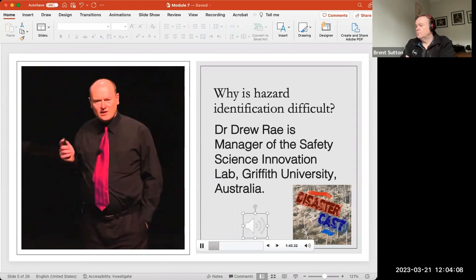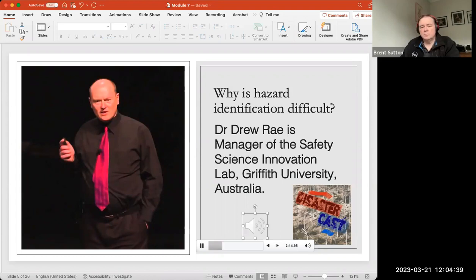How often does this happen? A 2012 study by Neil Barton found that around 20% of major accidents can be blamed on failures of the hazard identification process. There's a subtle but important point to be made about this statistic though. It tells us what proportion of accidents involve poor hazard identification, but it doesn't actually tell us how often hazard identification is done badly. Other research, though, gives us this information.